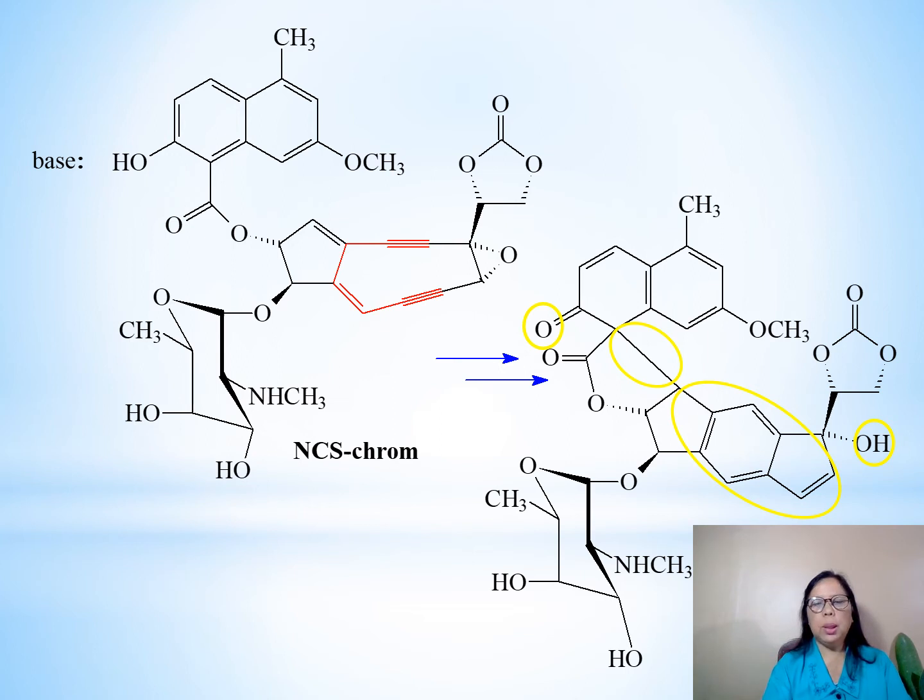So when this cyclo structure was formed, the double bond here had worked with this structure and worked until this portion, the double bond.